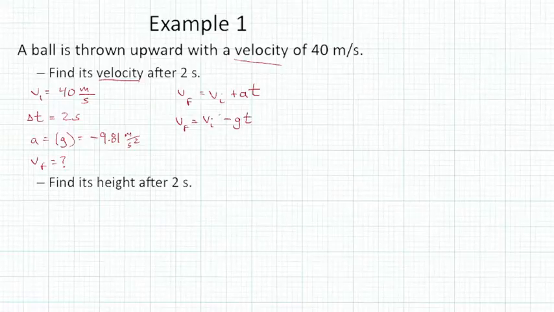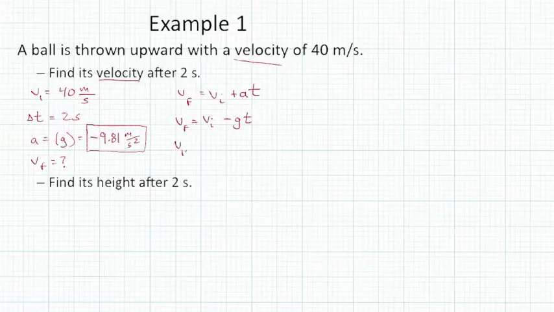In fact, I probably shouldn't say it like that. You're not minusing a negative. You're subtracting the magnitude, which is 9.81, but we write it as negative 9.81. So don't double up your minuses and wind up getting a plus. Just make sure your minus sign is out front, and you'll do fine.